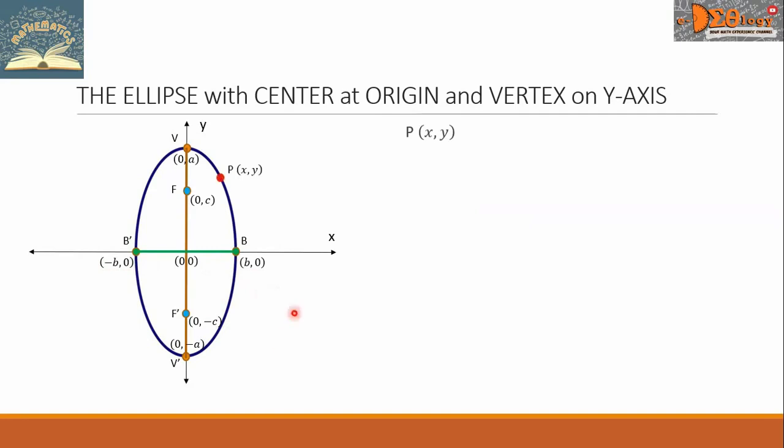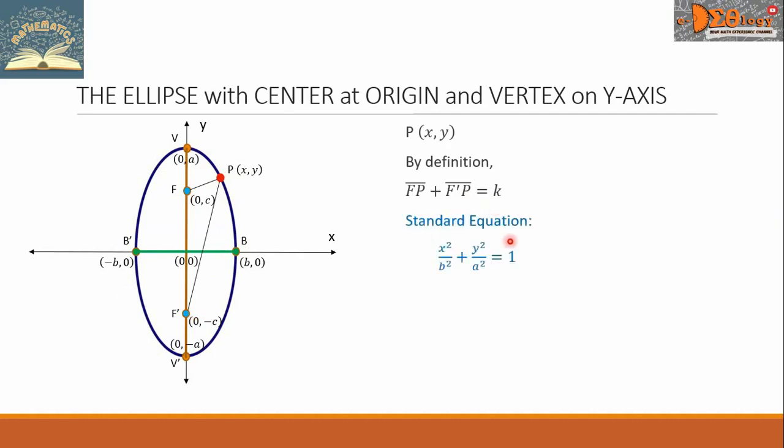Now let us take one point of the ellipse. Let's say this point in red, denoted by P with coordinates (x, y). This point P here represents all the points of the ellipse. By definition of ellipse, the distance between this moving point from the first focus added to the distance of this moving point to the second focus must be constant.